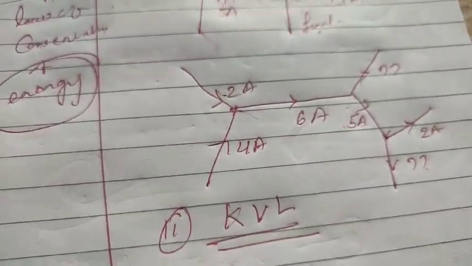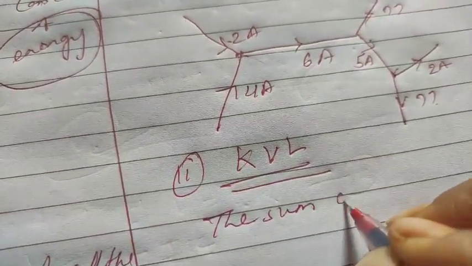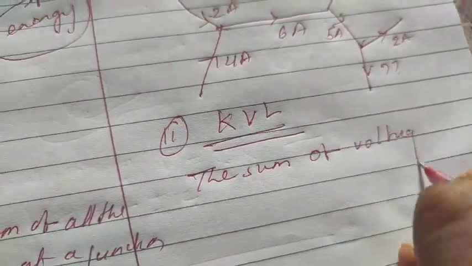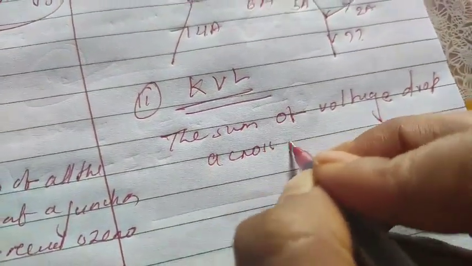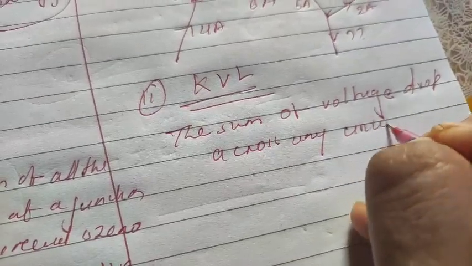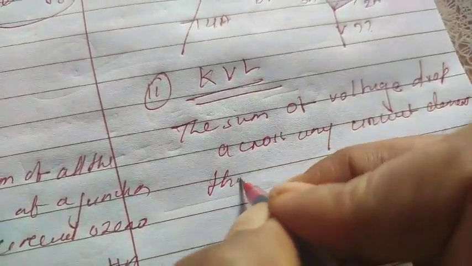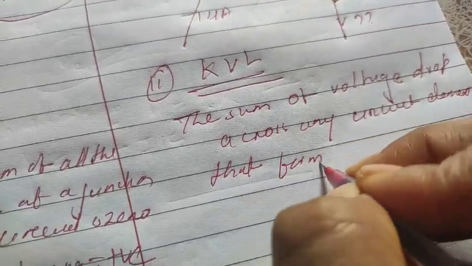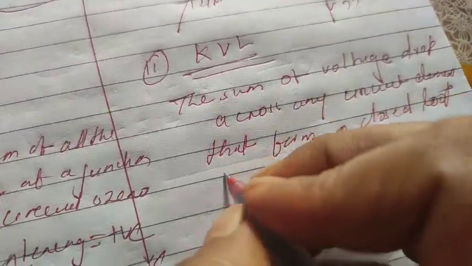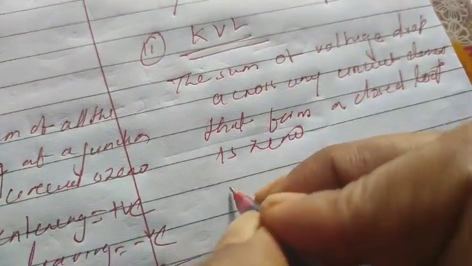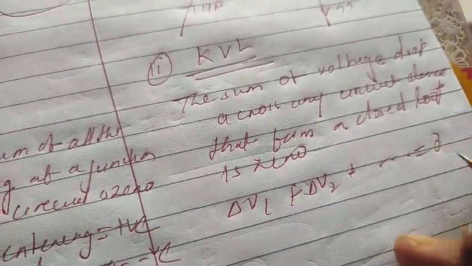Now you see the concept, that is the sum of voltage drops across any circuit elements that form a closed loop is 0. Means delta V1 plus delta V2 plus dot dot is 0.